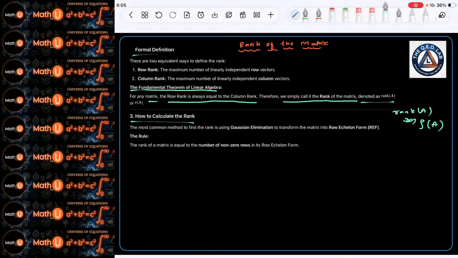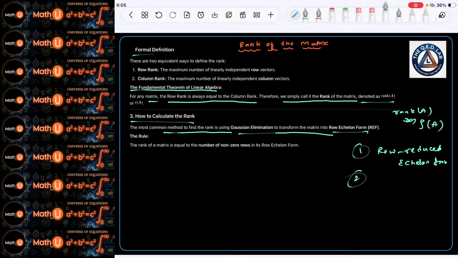How to calculate the rank of the matrix? The most common method to find the rank is using Gauss elimination, to transform the matrix into row echelon form. There are various methods to calculate rank, and there are three major ones. One is the row reduced echelon form method.